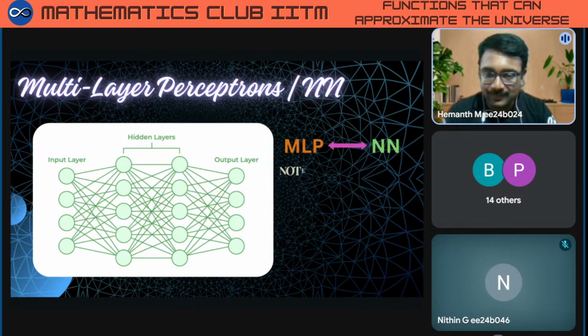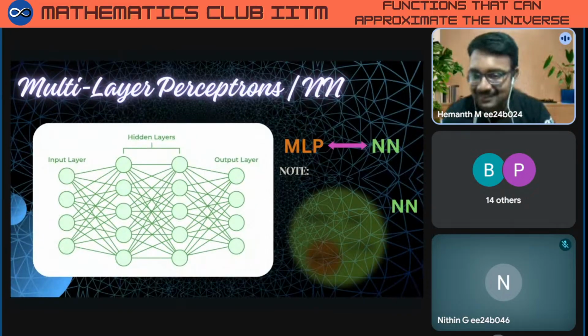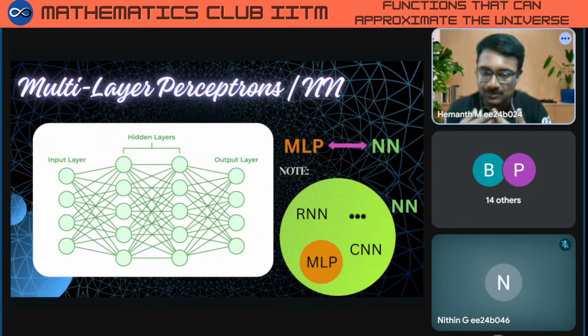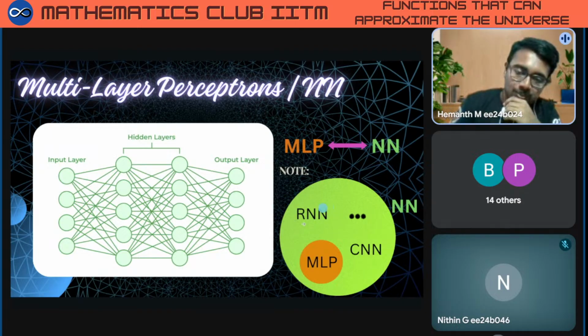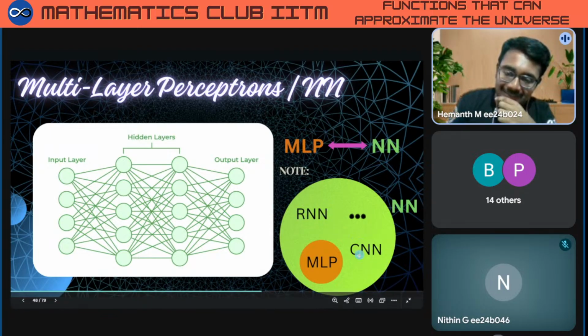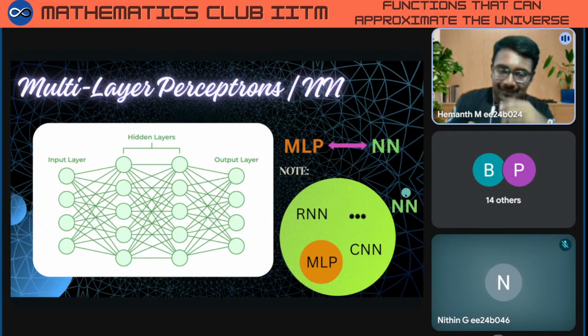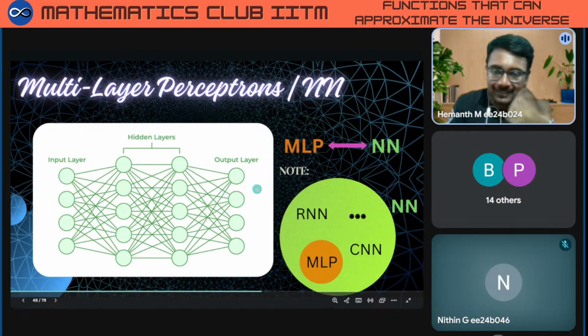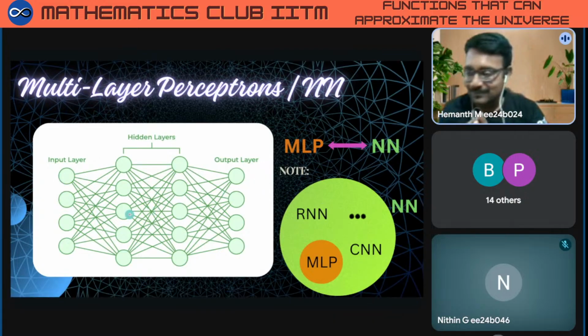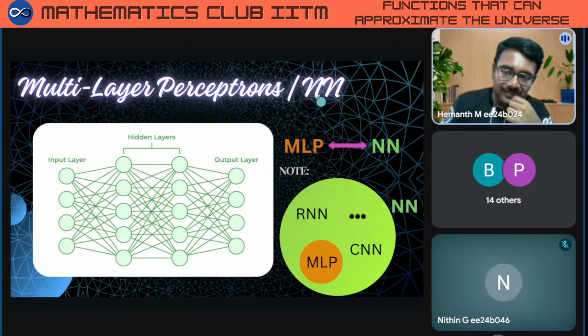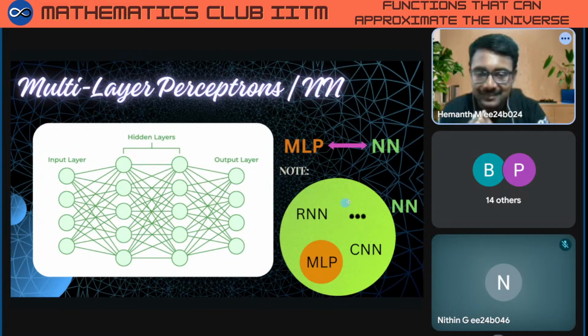But to be accurate, a neural network is a much broader term, which can refer to a recurrent neural network (RNN) or convolutional neural network (CNN) as well. But for the sake of this session, for convenience, I'll be referring to both interchangeably. So this is the structure that should come to your mind whenever I say either of these. Just imagine such a feed-forward, fully connected network whenever I say either a neural network or an MLP. So this was kind of a disclaimer.